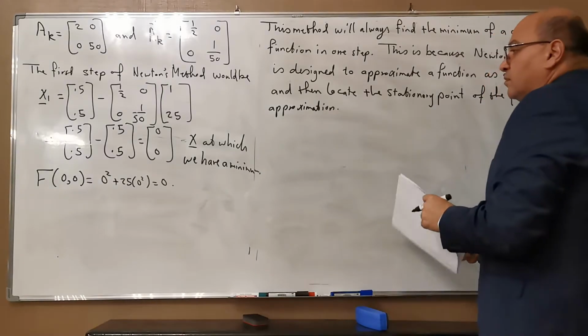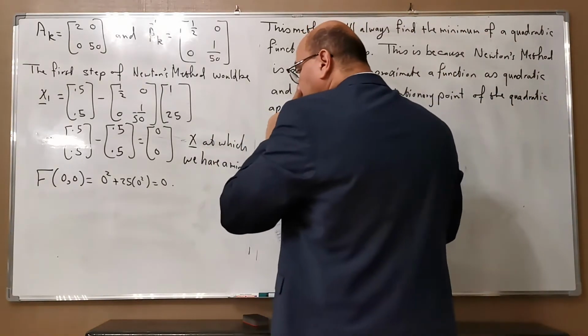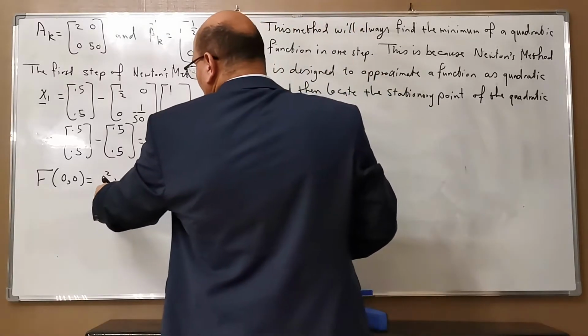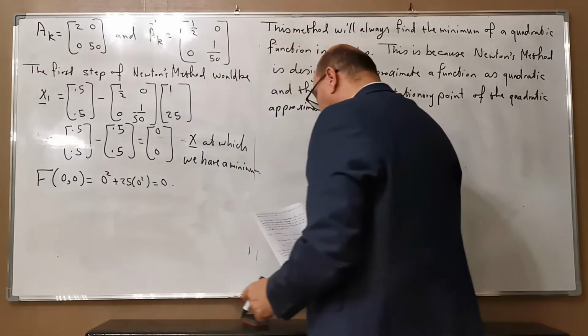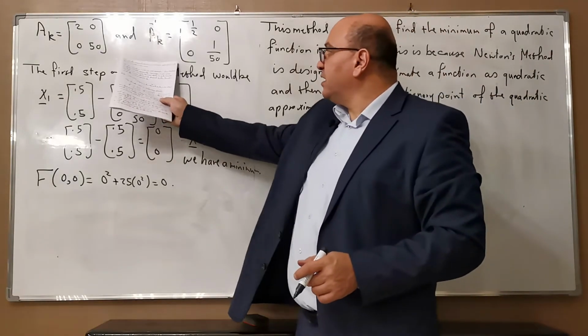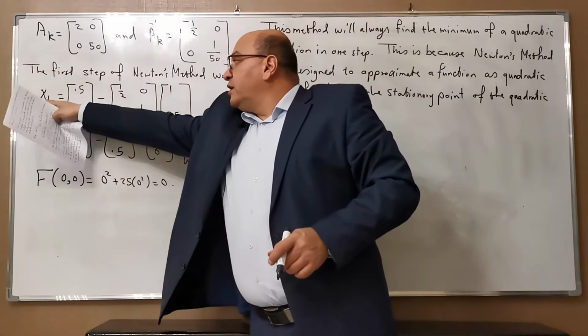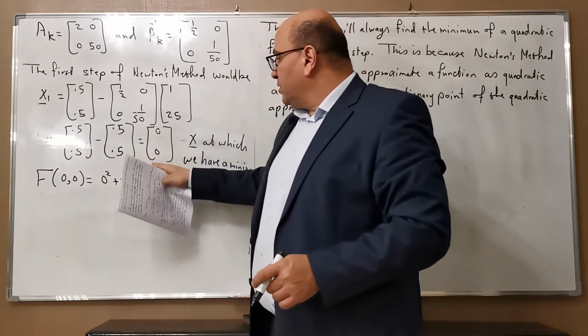Okay? So when we took this example, our function was a quadratic function. It was x1 squared plus 25 x2 squared. This is why in only one step, at any initial condition, you can reach x1 to be your final answer, the minimum.